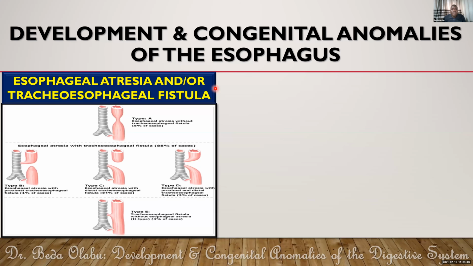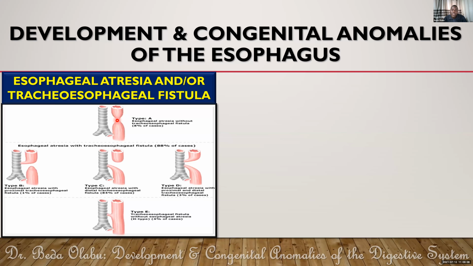There are different morphological types of tracheoesophageal fistula, as you can see. In the first image there, which we call type A tracheoesophageal fistula, actually there is no fistula. There is no abnormal connection between the esophagus and the trachea. But we can see that the esophagus is blocked at some point.